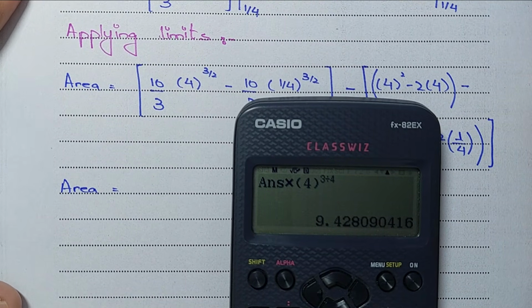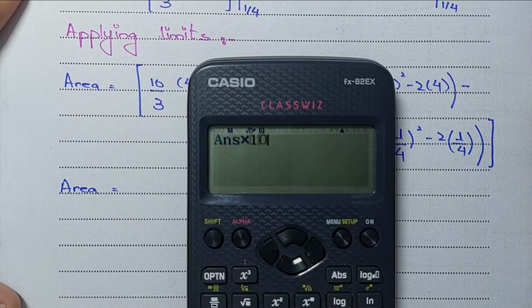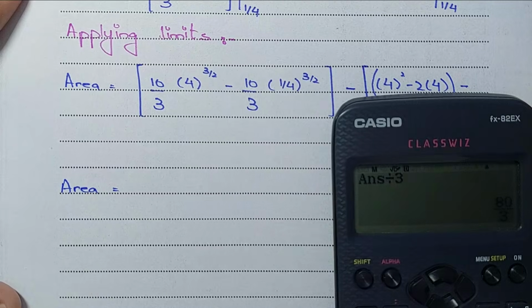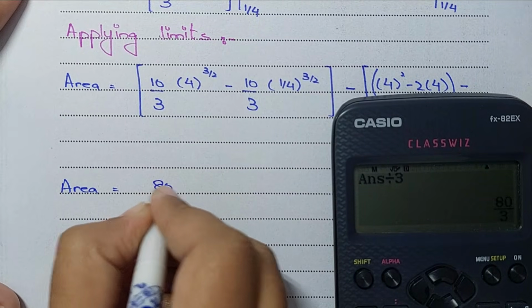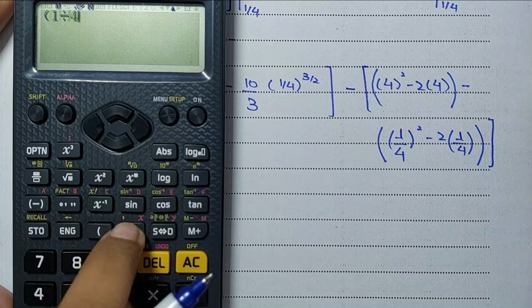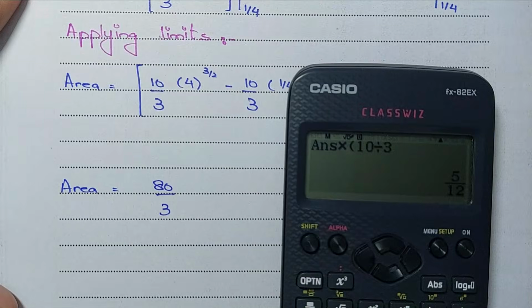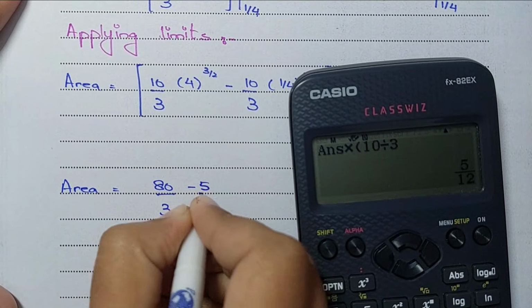Wait, we need 3 by 2. 4 to the power 3 by 2 times 10 divided by 3 is 80 over 3. Then 1 by 4 to the power 3 by 2 times 10 over 3 is 5 over 12.